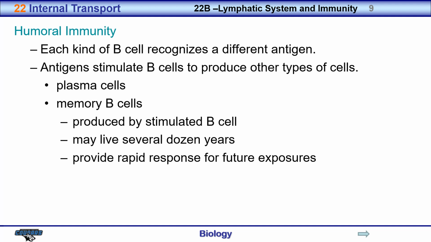In other words, this is going to cause an immunity that would last for 20, 30 years. And what it enables the body to do is it now recognizes this antigen, and should it ever appear again, they can rapidly respond to future exposures of this antigen, and sometimes it can react so fast that you don't even exhibit any symptoms from being attacked by this antigen.